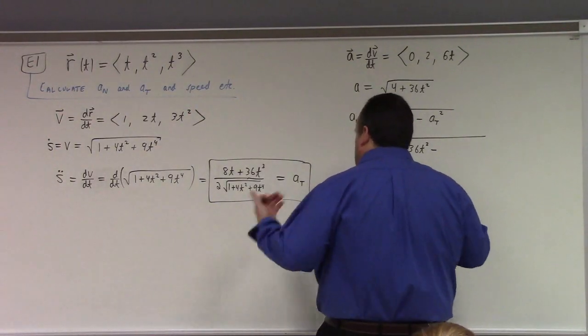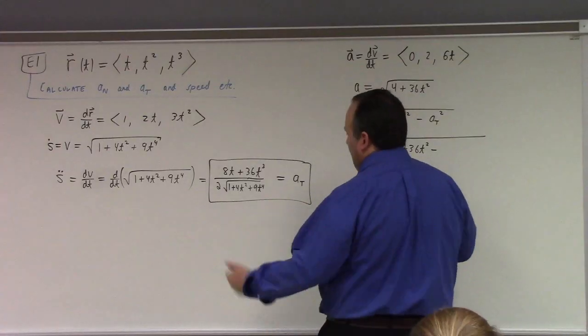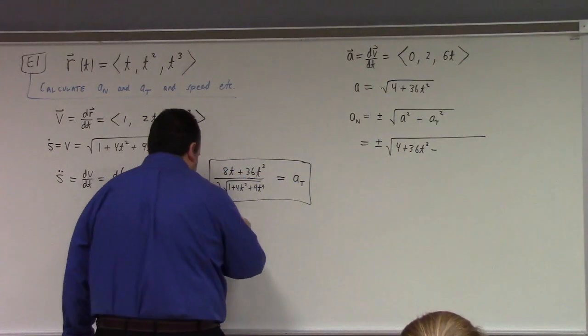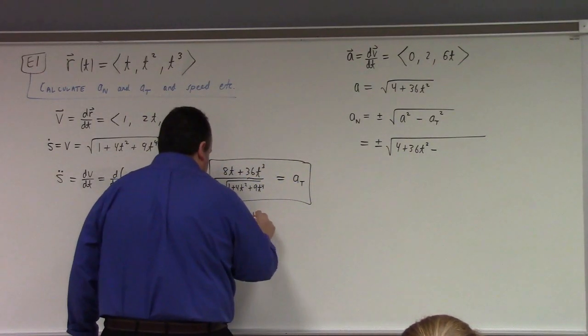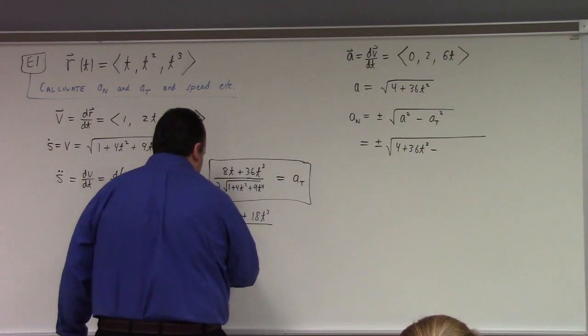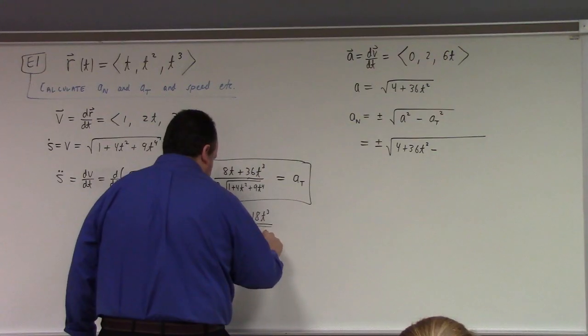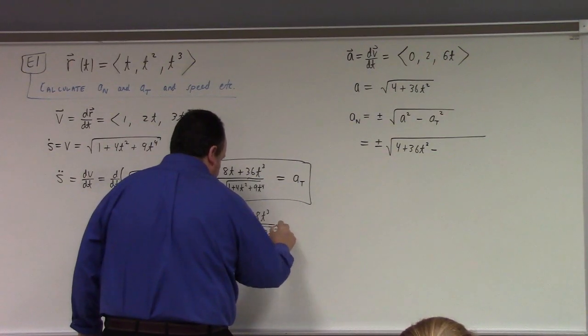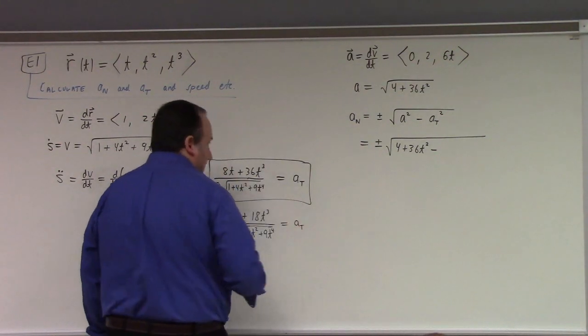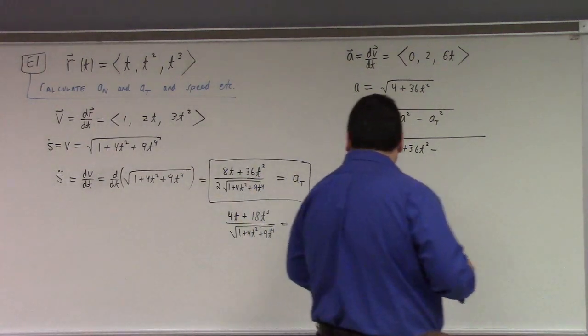Starting to think about canceling the 2's. Oh, fine, I'll cancel the 2's. 4t plus 18t cubed over the root of 1 plus 4t squared plus 9t to the 4th. I got rid of the 2 in the denominator since I'm squaring it over here, it's worth my time.